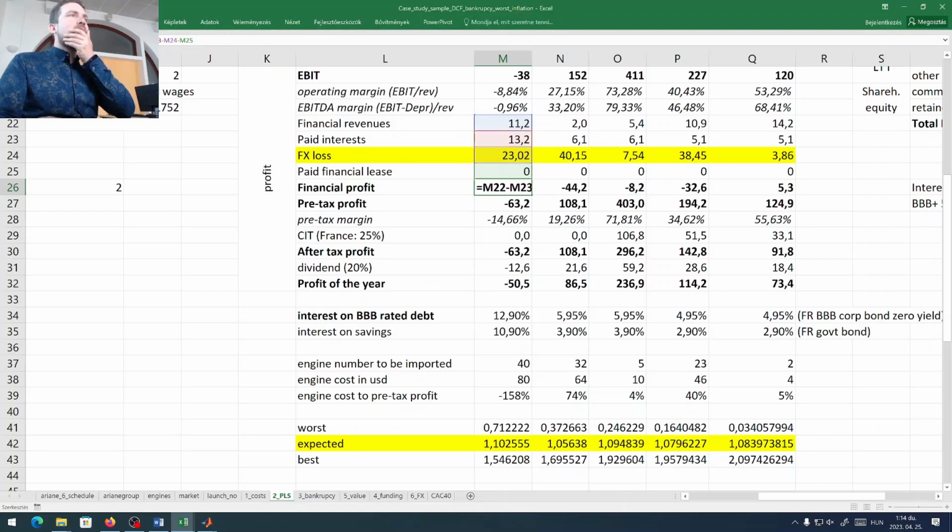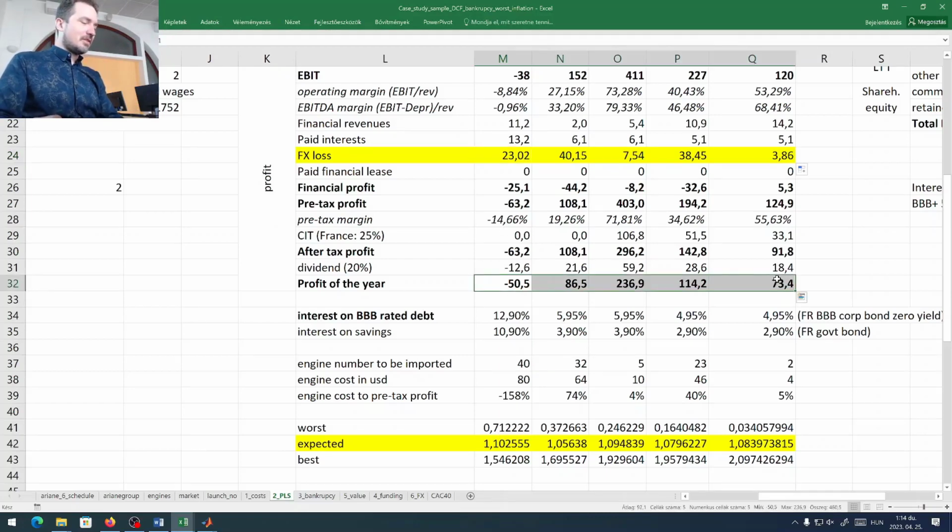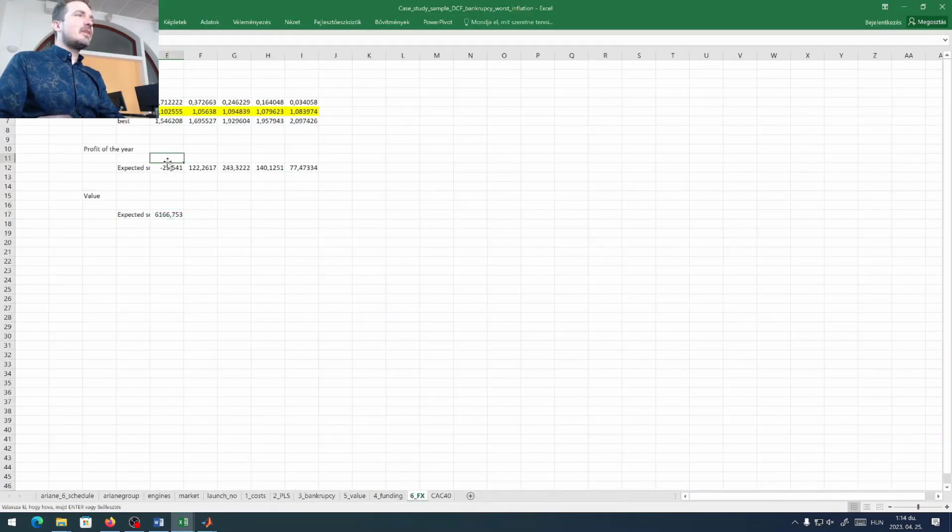Yeah, okay, so this is a positive number, so this is a cost. So before that we got gains. We gained. Yes, okay. So we were lucky, now we are not, because definitely the profit is affected. So it's the worst. Let's see the value.